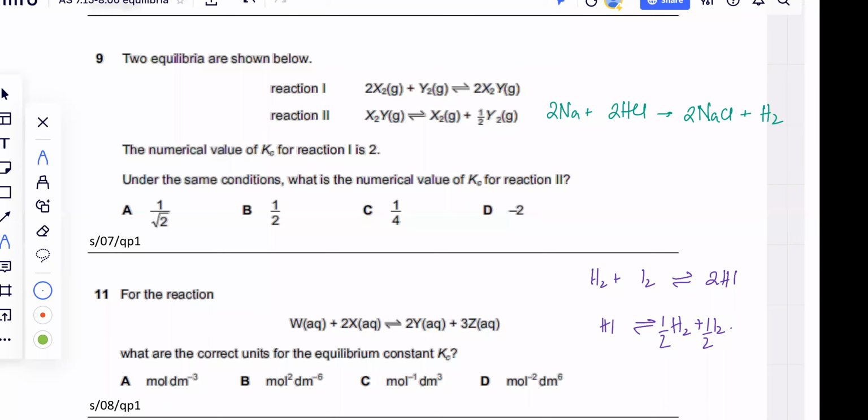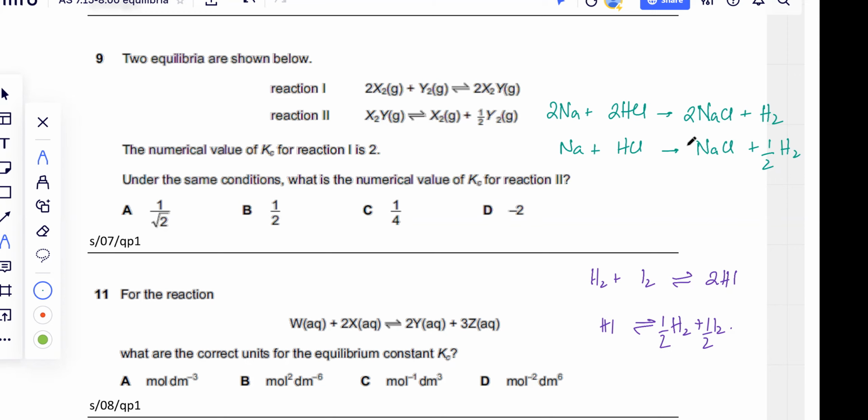And if I balance this reaction differently, there's Na reacting with HCl and it's producing NaCl plus half H2. Now remember, there are a number of ways of balancing an equation. A balanced equation is the ratio in which things are reacting, right? So these two are exactly the same equations.